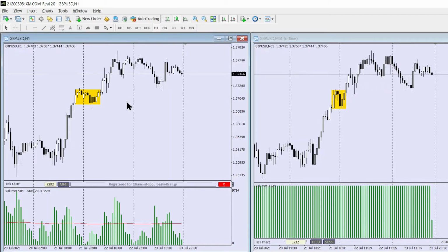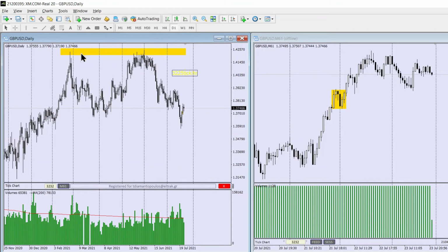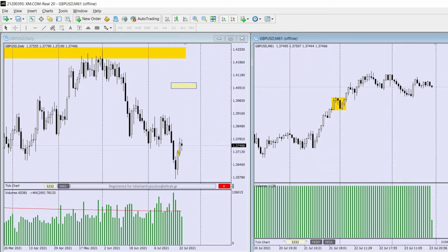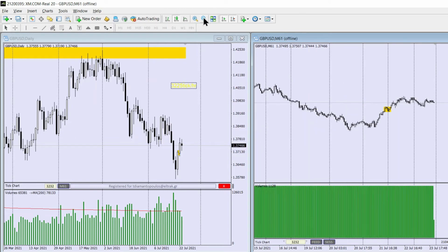For example, in this chart, we will go on the daily and we will draw this as a daily level. Here, where is the daily level? So you got to go back and forth and say, okay, the daily level is 1.4253, so many pips.